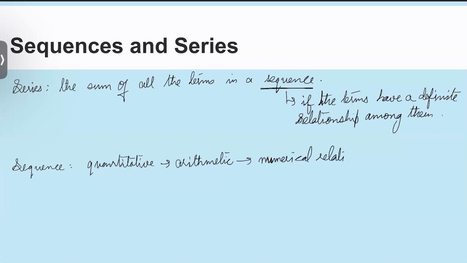Even if you take a statement like, say you have to find how many generations there are across 30 years of somebody's life, or you have to go back 30 generations, those things can be represented in numerical form also. So that is what we understand as a sequence.